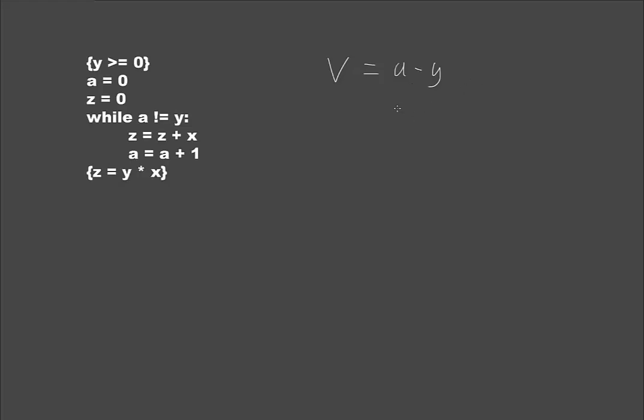Because if a is equal to y, then a minus y is equal to a minus a, which is equal to 0. So therefore, if a minus y is equal to 0, then a is equal to y, in which case this loop terminates. So that's pretty much my variant explanation, at least at the moment. At the moment they include a lot of normal language sentences like that, just to prove it.